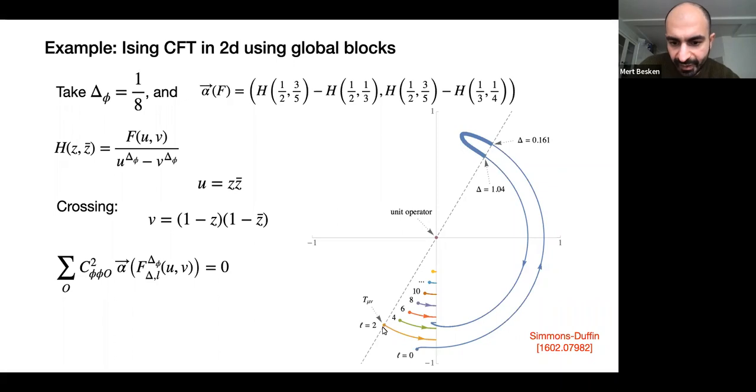So here we see the stress tensor, which has dimension 2, and I didn't mention this, but there exist unitarity bounds that tell us the dimension of a certain operator of a given spin cannot be too small. So there is a minimum dimension you can have for each spin, and this dot represents that.